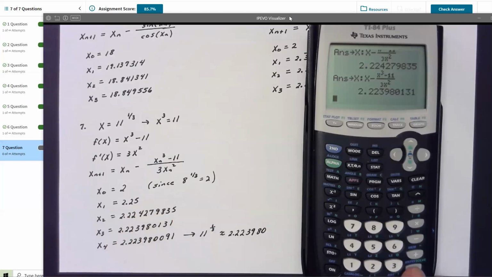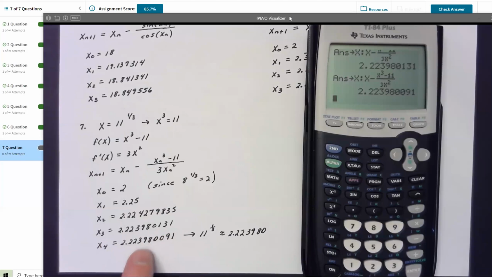So I keep going. I need 6 decimal place accuracy, and I'm only guaranteed decimal place accuracy if the next guess agrees with the previous guess. Well, notice by the time we get to the fourth guess, it's almost identical to the third guess. And it's certainly identical to as many decimal places as we need.